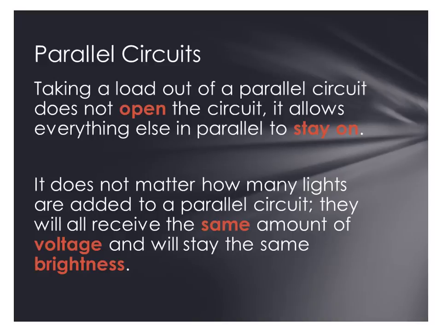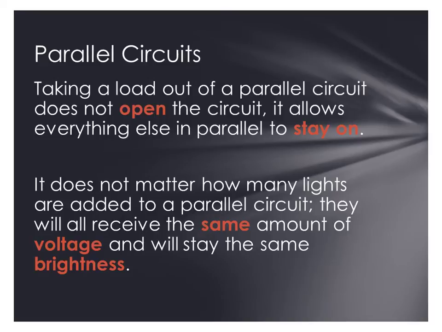On the right-hand side of your table, we have parallel circuits. And if I take a resistor or a load out of a parallel circuit, it doesn't completely open the circuit because there's another path for the electricity to go around and manage to make its way back to the power source. So everything else will still stay on.